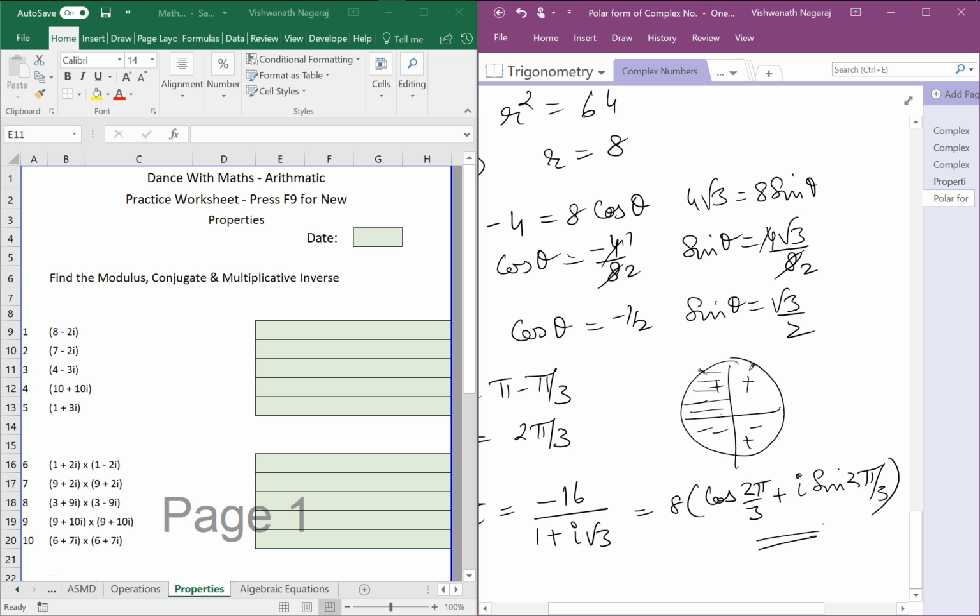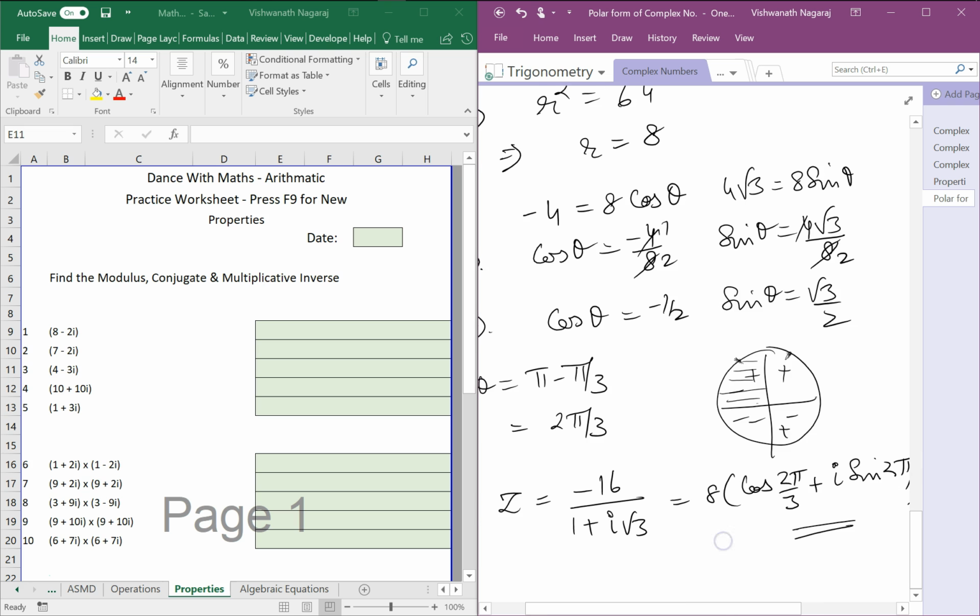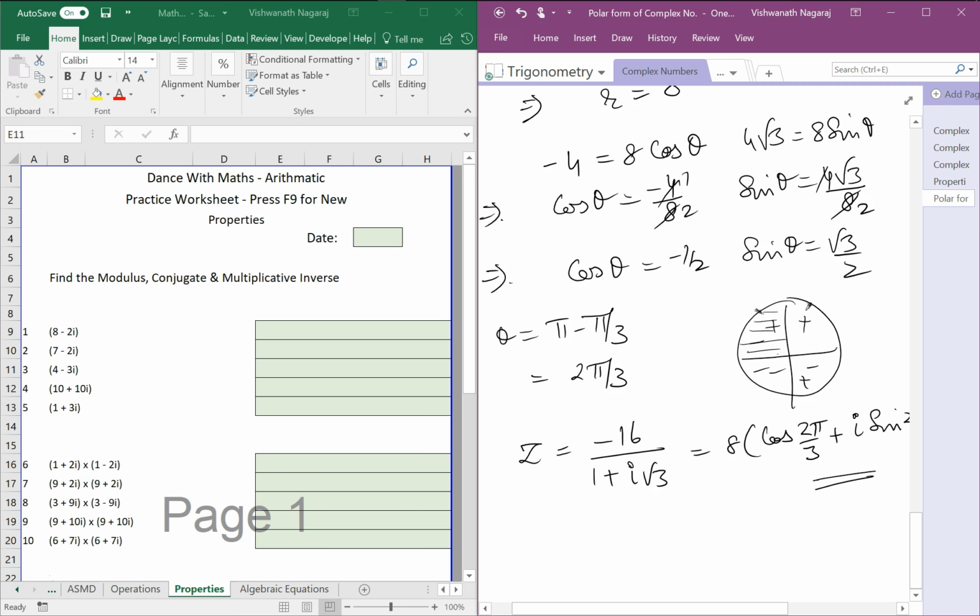So this is the polar form of -16/(1 + i√3).